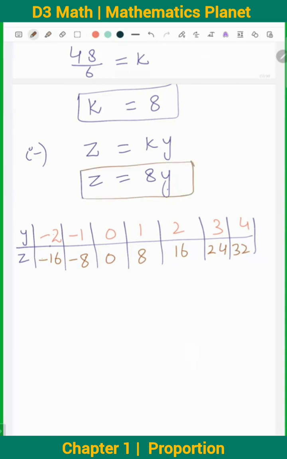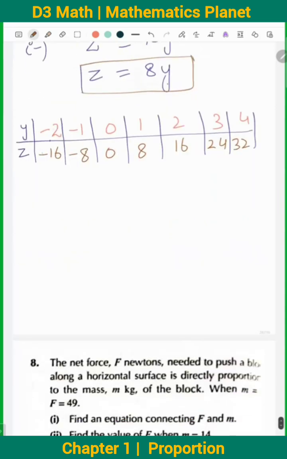Okay, so we have completed the table. Now all that is left is the graph. Now we know our graph has two axes, the x-axis and the y-axis. For the two axes, first of all, we will plot y, because now we have the variables y and z. So we can write y-axis and z-axis.